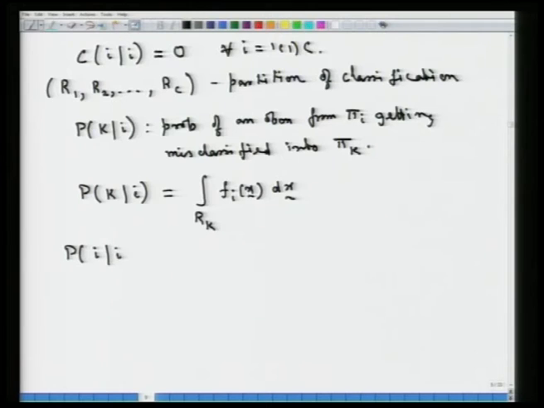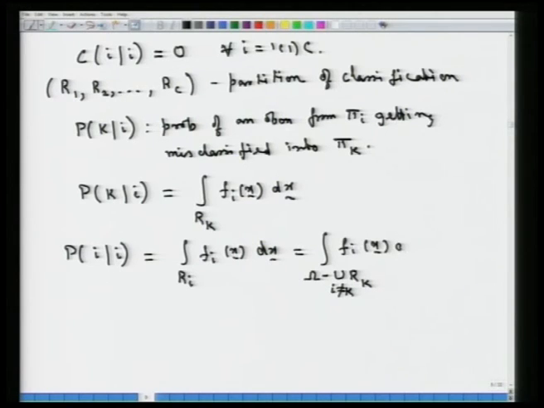So, we can also see what P i is equal to. So, this is equal to the integral over the region R i of f i x dx. So, you can write this as omega, the full space, minus the union of all other R k's, with k not equal to i. So, you are looking at the complementary region of R i, that is omega minus the union of all other regions which are other than i, of this quantity f i x dx.